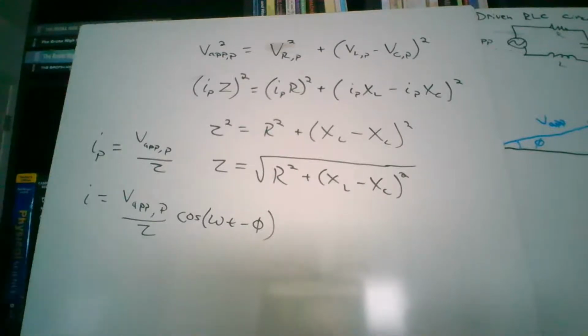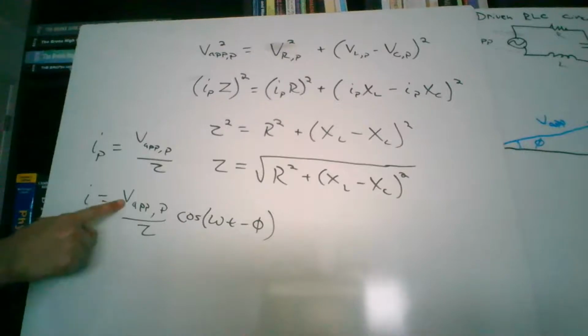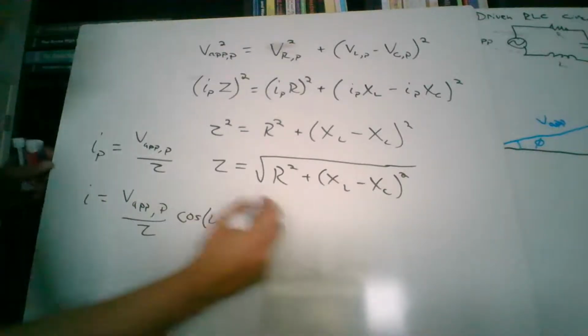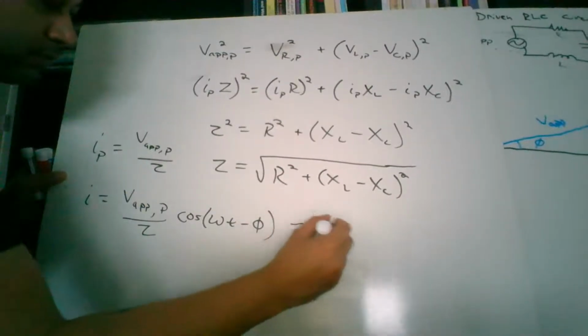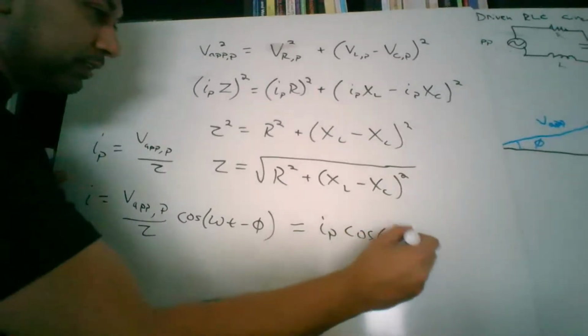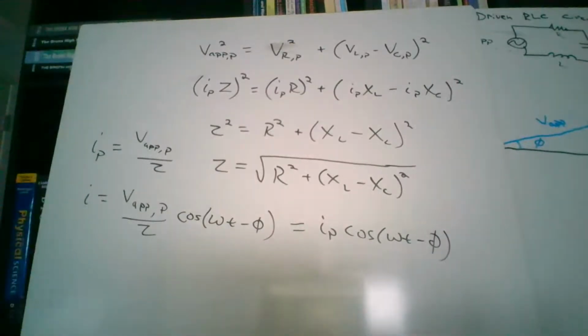So that is the current equation here, where the voltage applied at the peak divided by Z is the peak current. So we could clean this up and write it as I peak times cosine of omega t minus the phase shift. Woo!